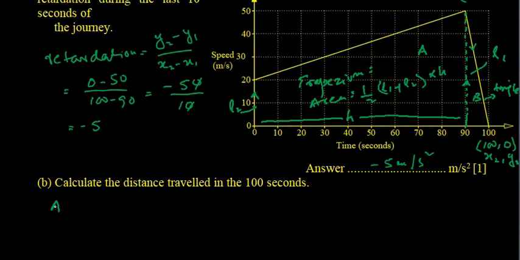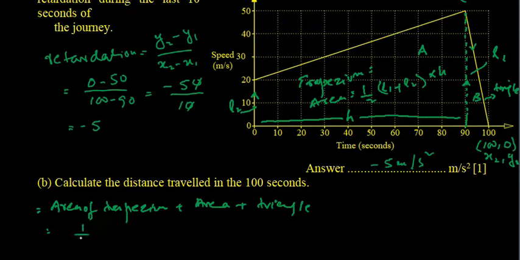So the area of the trapezium plus the area of the triangle is the total distance traveled from 0 to 100 seconds. The area of the trapezium is 1 upon 2 (L1 plus L2) multiplied by height, plus the area of the triangle, which is 1 upon 2 base into height.